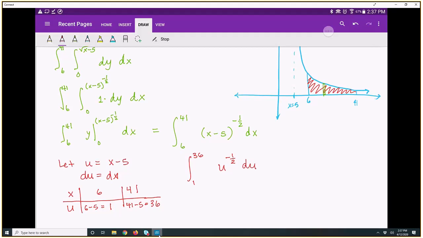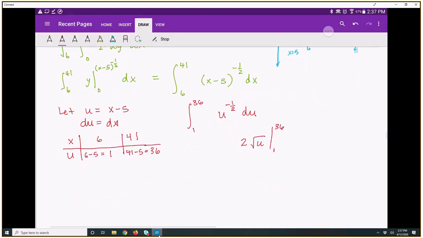Then the antiderivative of u to the minus 1/2: I'm going to add 1 to the power. That becomes u to the 1/2, or square root of u. And then divide by 1/2 means multiply by 2. And I just need to evaluate from 1 to 36.